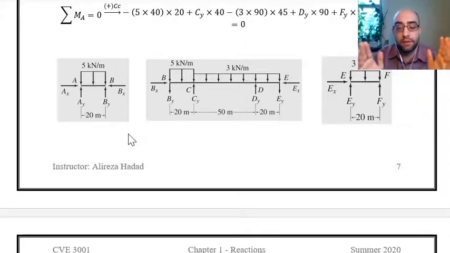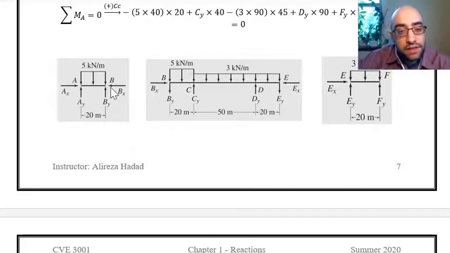For example, if the beam is completely symmetric and I have one reaction on the left with some value, the reaction at the right will be exactly the same as the one on the left, and the value will also be exactly the same. For example, over here you can see this is completely symmetric. These horizontal forces we said are equal to 0.